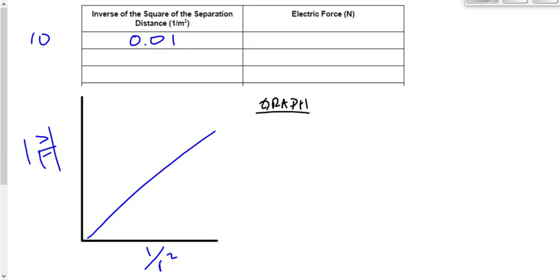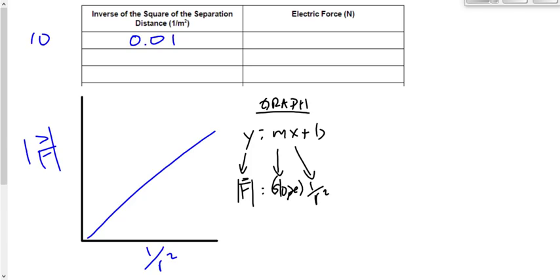Okay, what's the equation for this graph? y is equal to mx plus b. The y-axis is electric force, m is the slope, x is 1 over r squared, and you're going to find the value of b. It may not be exactly 0, but it's going to be very, very small compared to the numbers on the y-axis.